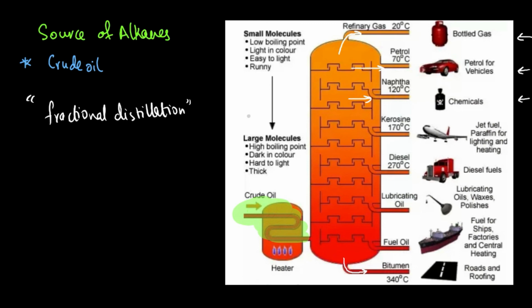So some of these uses you have to remember because it is asked in the examination. You don't need to know the exact boiling point at which they are separated, but what you do need to know is at least one or two uses of each of the fractions, and you need to know in which order these fractions are separated. So this is the important part in fractional distillation of crude oil, which leads you to get alkanes.